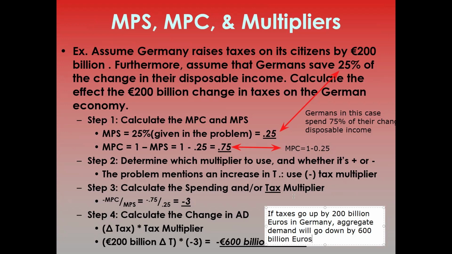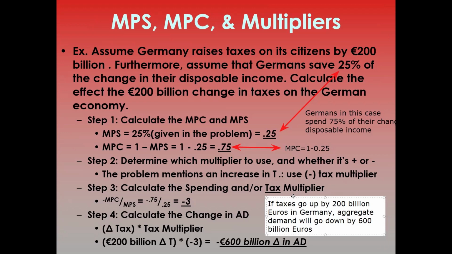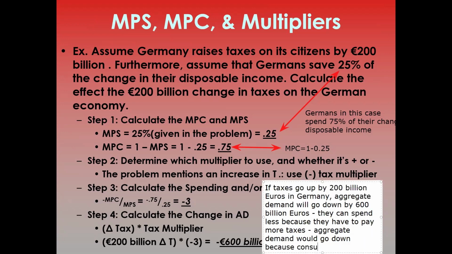So that makes sense because they can spend less because they have to pay more taxes. So aggregate demand will go down because consumption goes down.